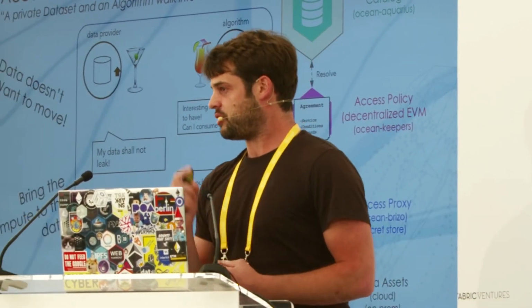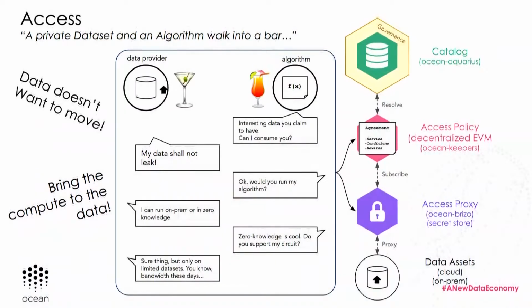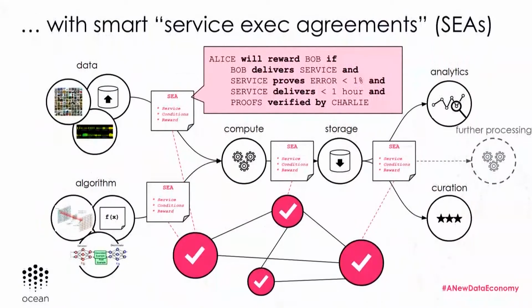And these access policies are smart contracts, but they're super modular. You can say, under these conditions, you can access my data. And the cool thing is that we deploy them in a way that you can describe, like, if you give me access, I will reward you if somebody else proves this, et cetera. You create a structural language around this access policy, and the smart contract will be there to gather information about: did you provide all the proofs you need?